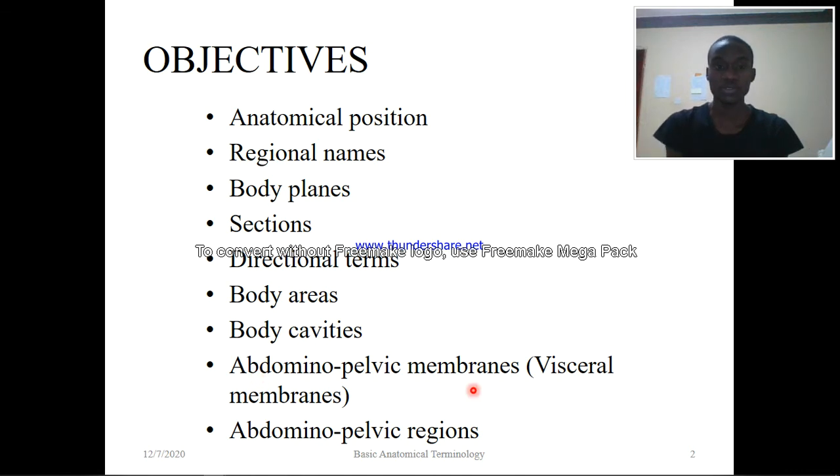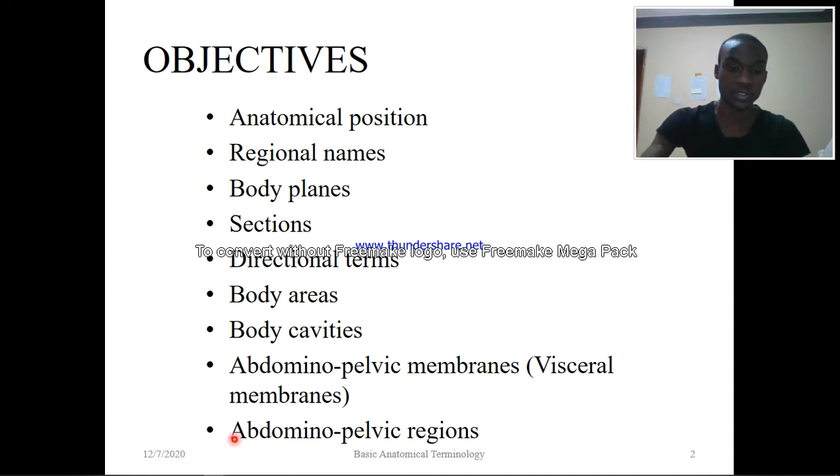The other objective would be looking at the visceral membranes, which you may also call the abdominopelvic membranes. Someone should be able to define them at the end of this topic, and then mention the visceral membranes that we have in the human body. The last objective will be looking at the abdominopelvic regions of the human body.